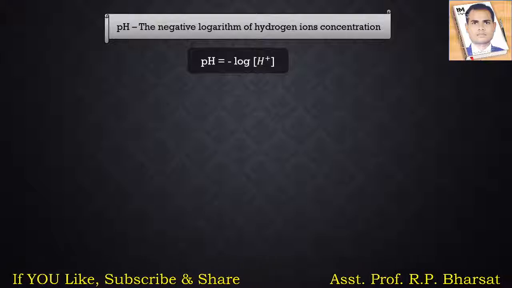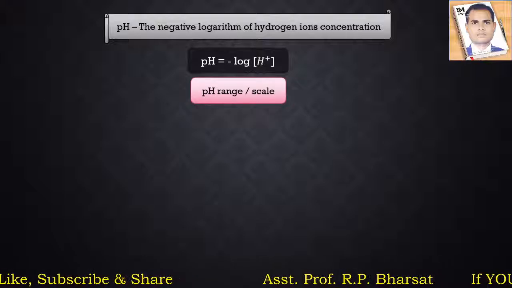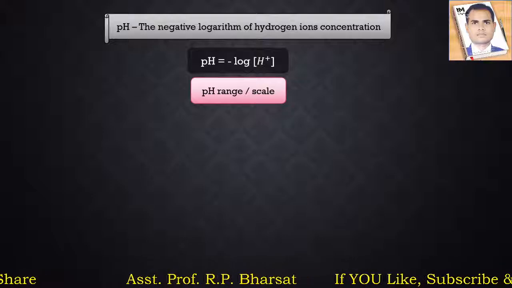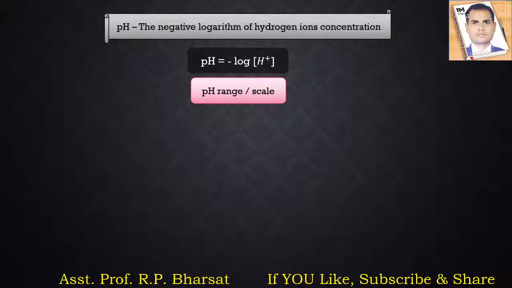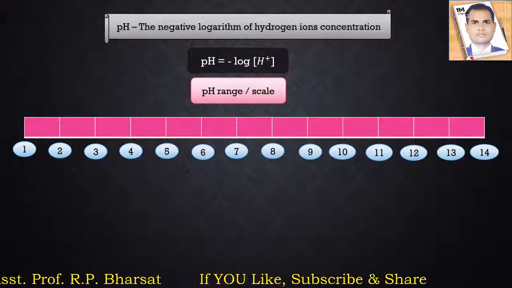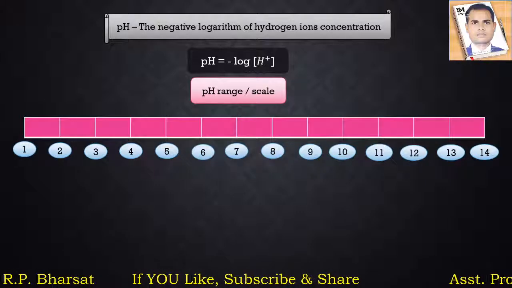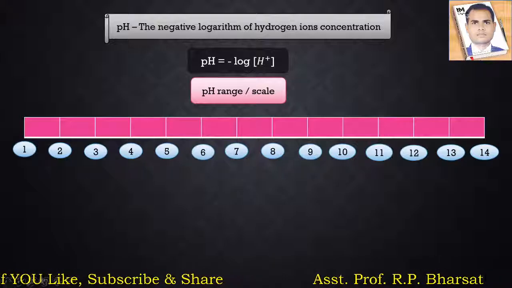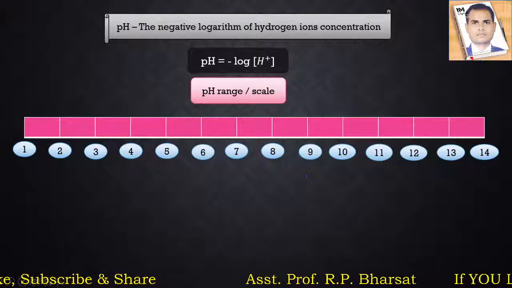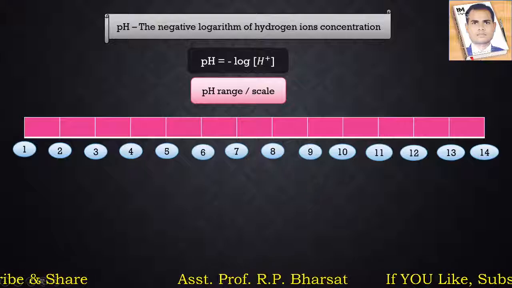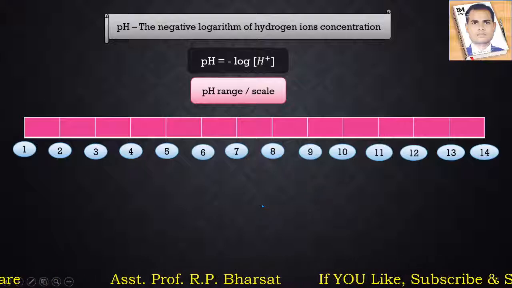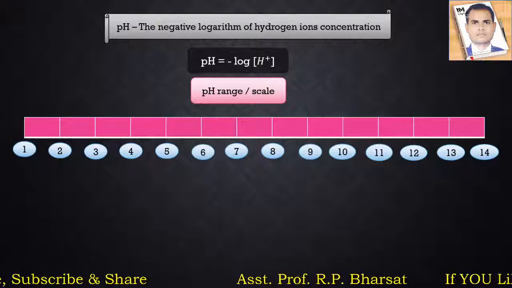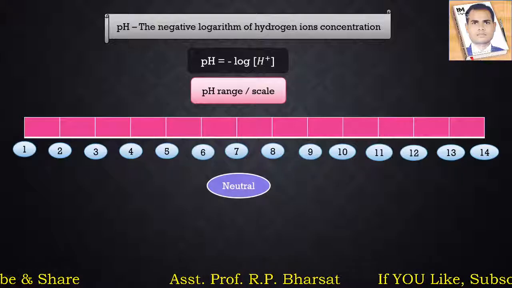Now for that we should know the pH range, or we can say its scale. In front of you, you can see the pH range is 1 to 14. Those solutions having pH 7, we call them neutral.